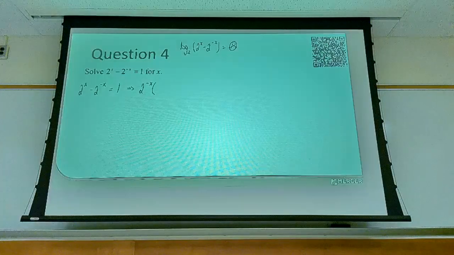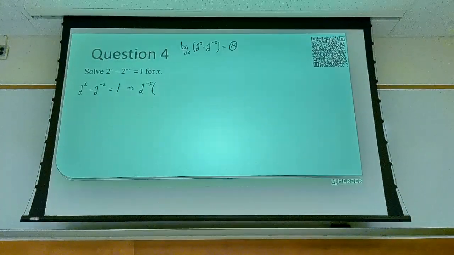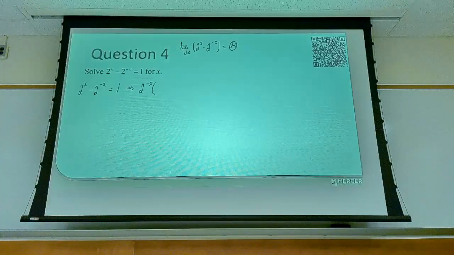When you factor out 2 to the negative x from 2 to the x, what are you left with? Remember, factoring is the opposite of distribution. So when you factor something out, you're dividing, right? 2 to the x divided by 2 to the negative x.